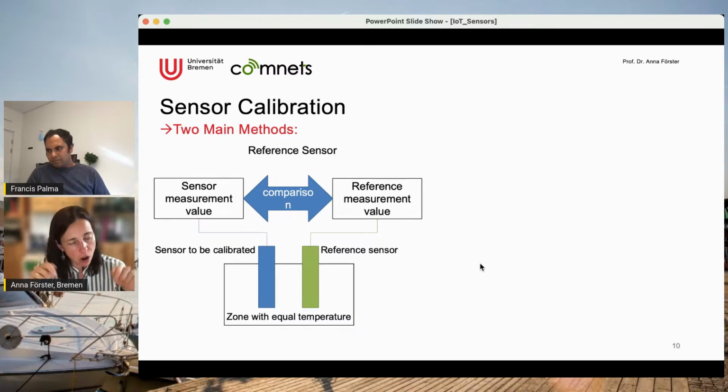And then you put both of these sensors, the one which you'd like to calibrate and the reference sensor, in a zone with equal temperature or equal phenomenon. Okay, it can be also salinity, it can be also air quality, it can be anything. It's important that they're in a zone which has equal phenomenon which you would like to measure.